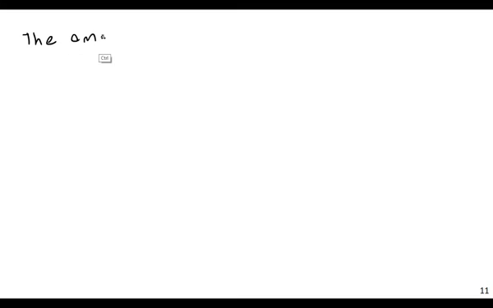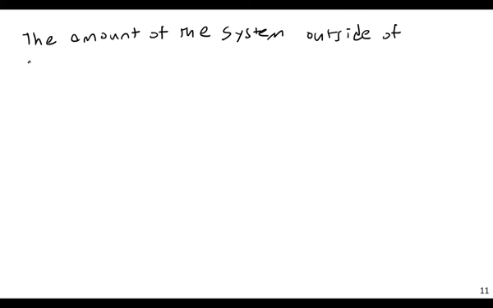The amount of the system outside of the control volume at time t equals 2, that looks like an L, at time t equals 0.1 seconds, well, it's going to be pi over 4 times 0.1 squared.